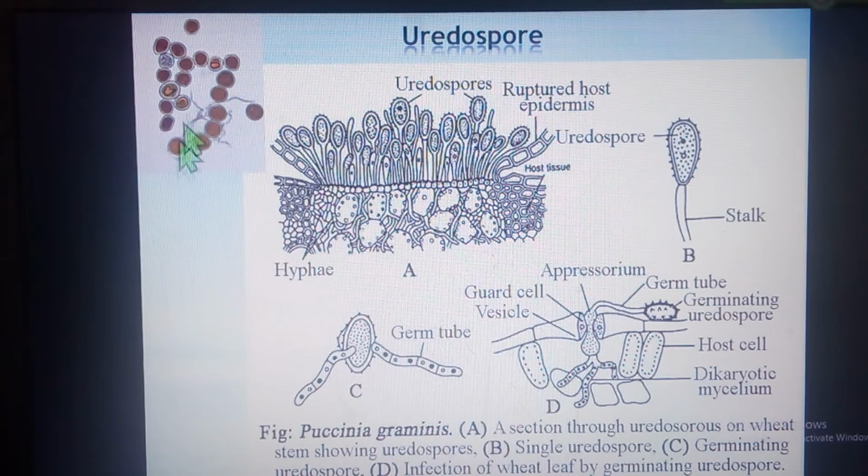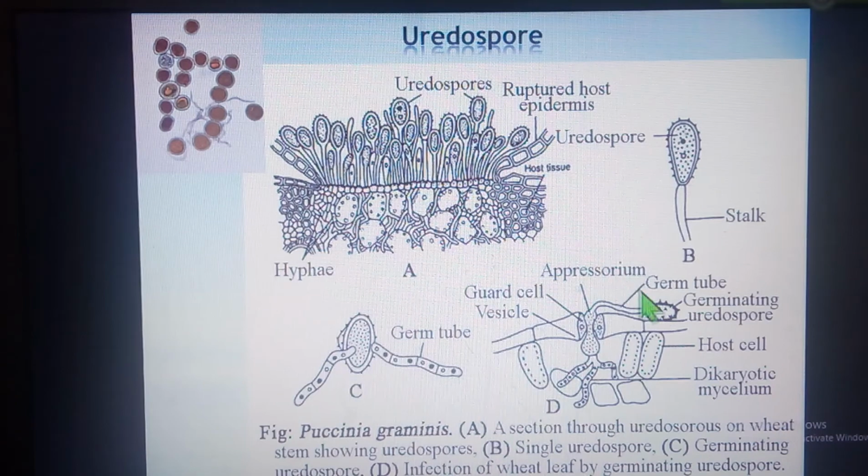We will see later that these aeciospores come from the barberry plant, generally through wind dissemination. After reaching the wheat plant, they may attack the leaf, the stem, or the glumes.